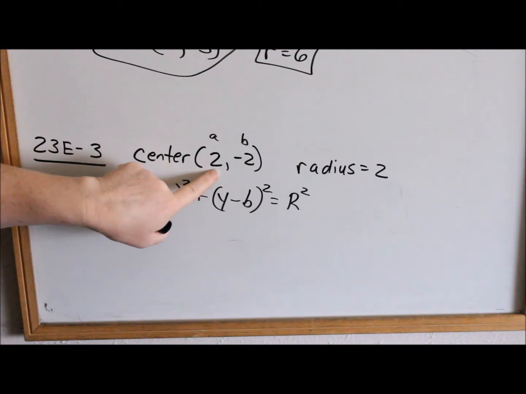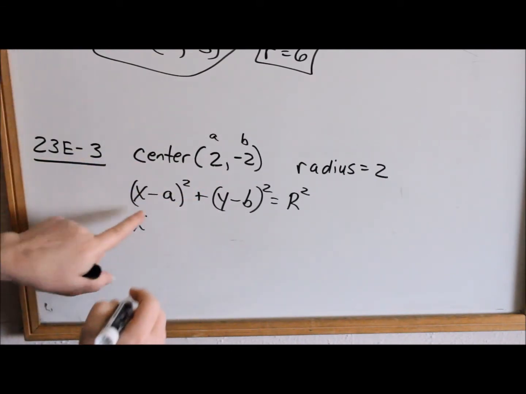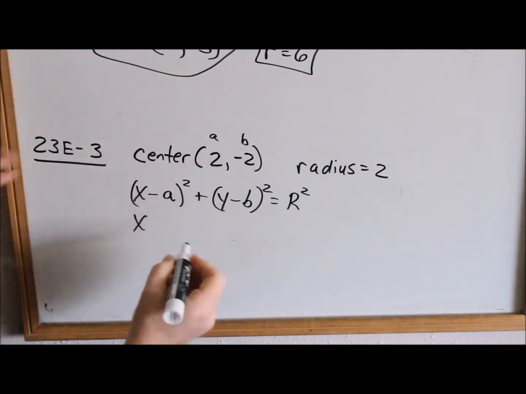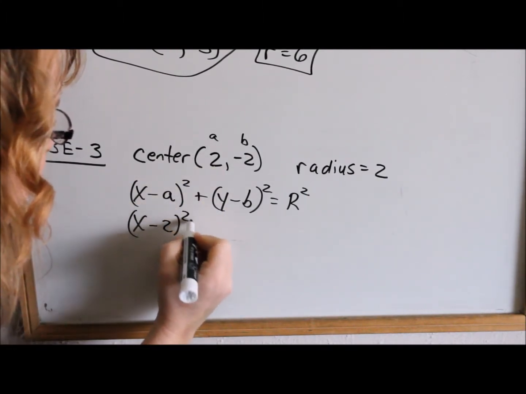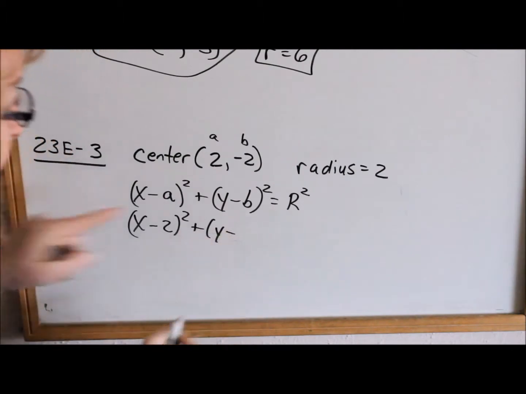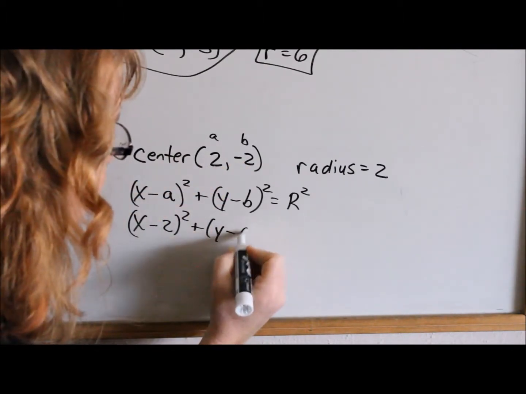and we put them into our formula. So here we put in, and it's important, again, remember you have a minus sign, so x minus, put this in for a, 2, plus y minus, putting in a negative 2 for b.